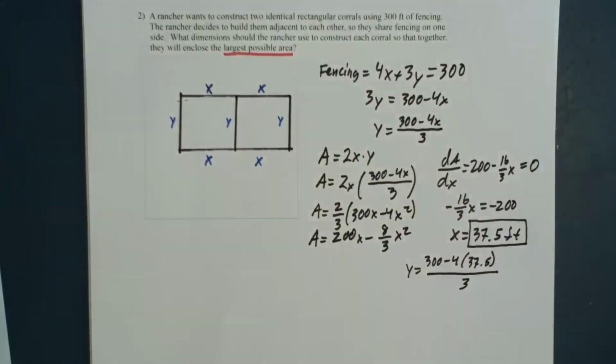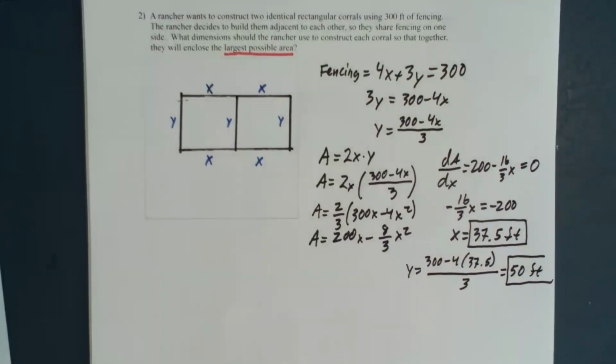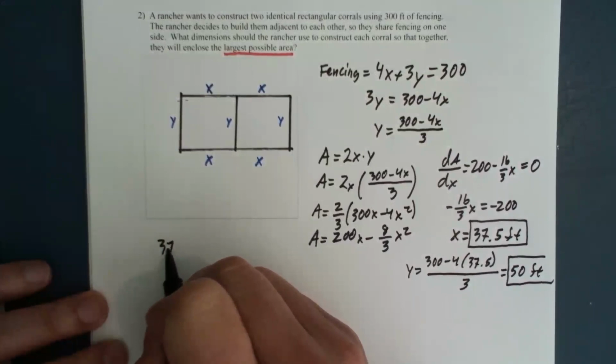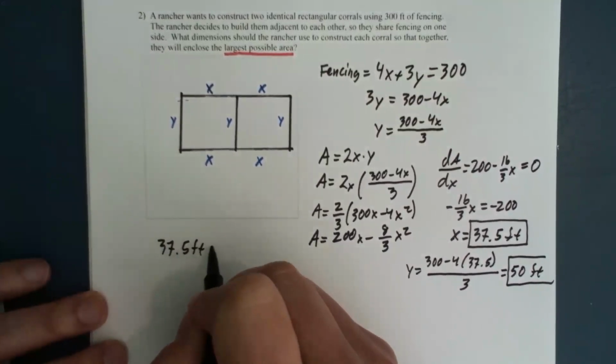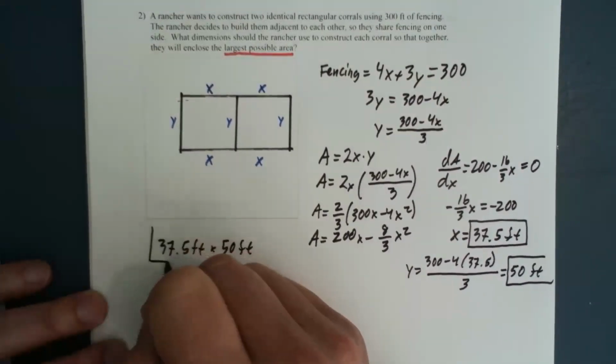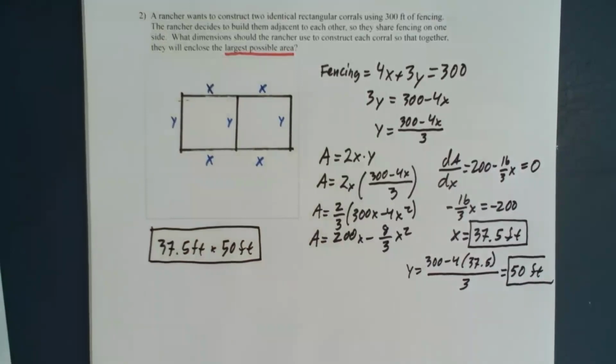I'm getting 50. So the dimensions for the largest area are going to be 37.5 feet by 50 feet. That will give us the largest possible area for this configuration.